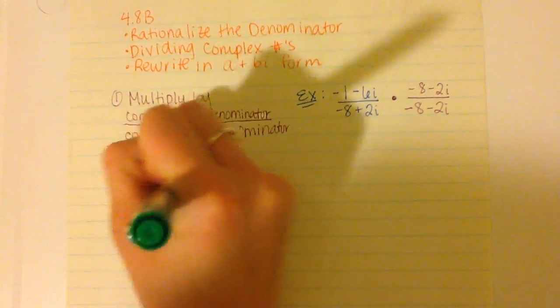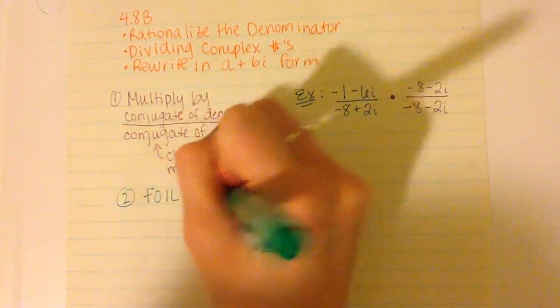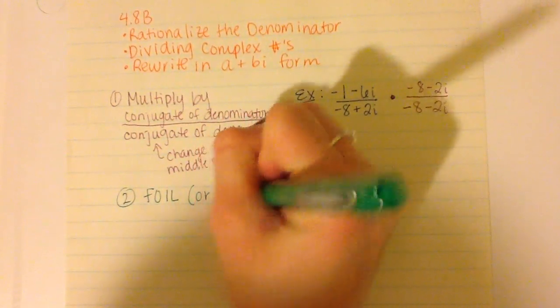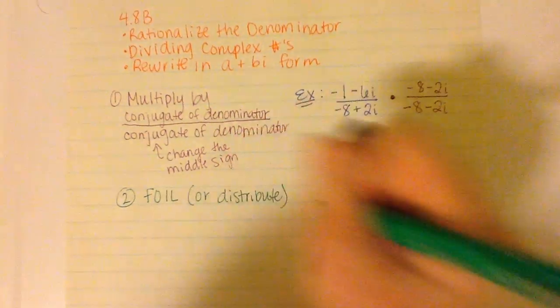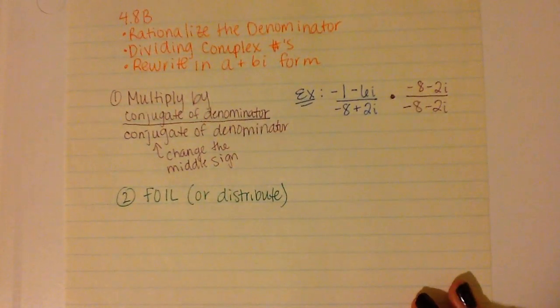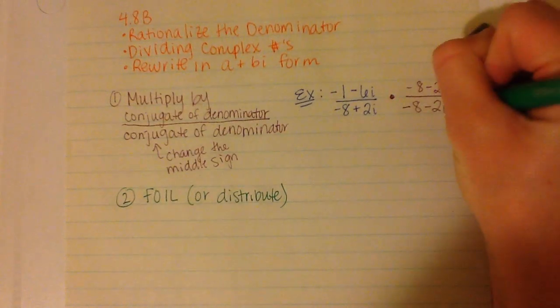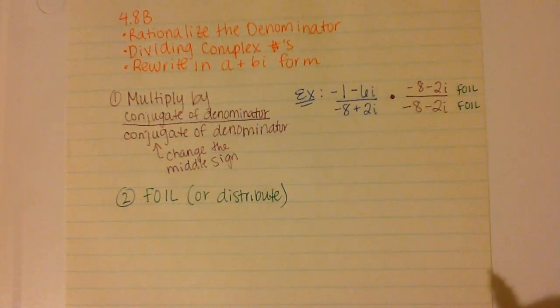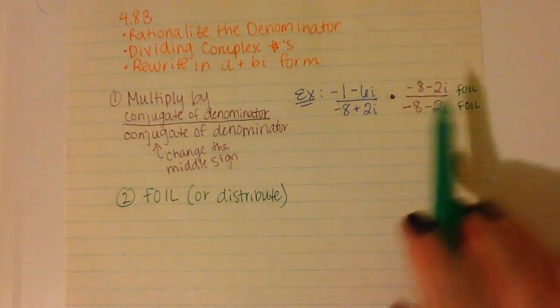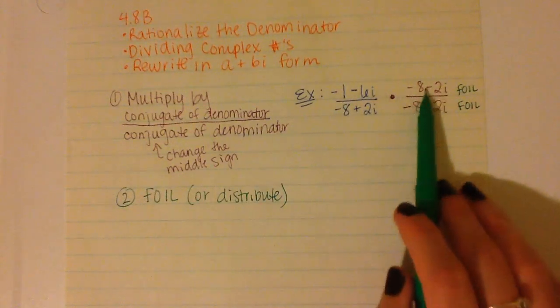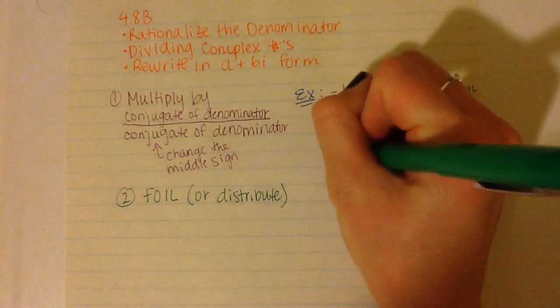Okay, so step number 2. We are going to FOIL or distribute. In our case, we are going to FOIL. So if we start with the top, we're going to take the first, so we have negative 1 times negative 8, which is positive 8.